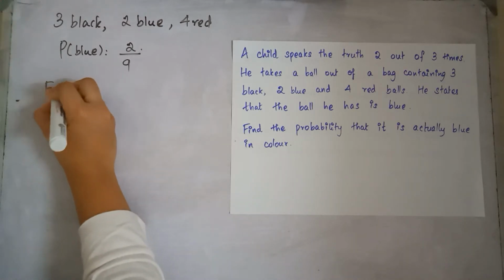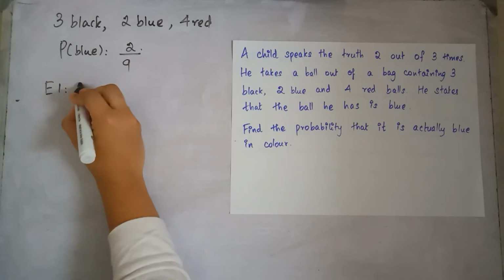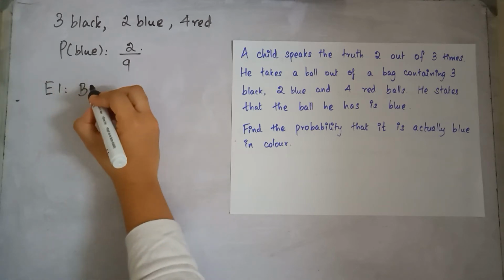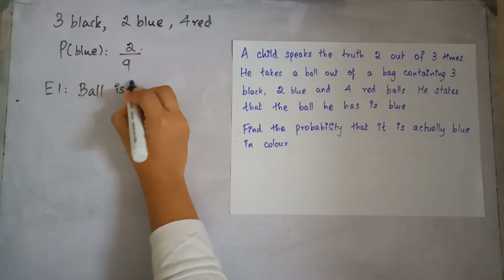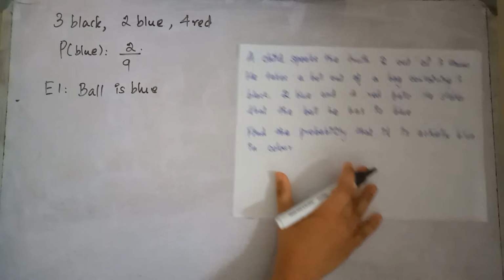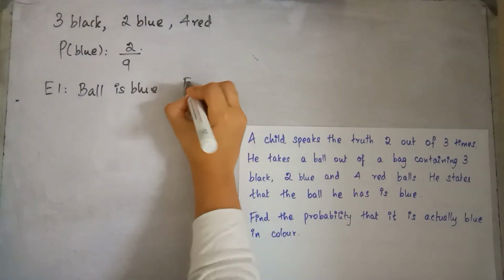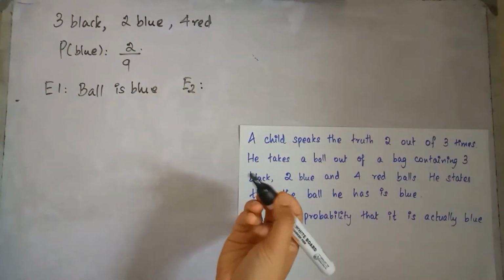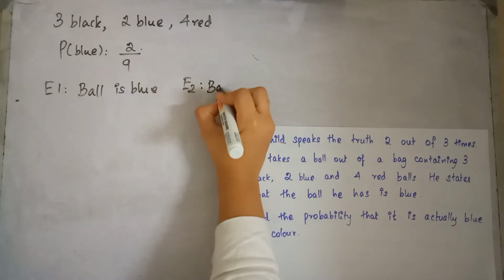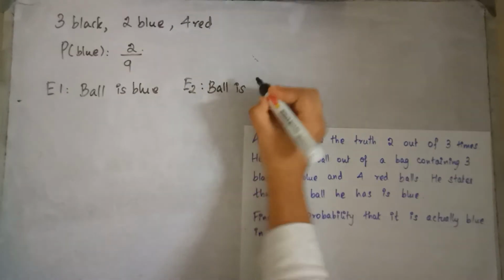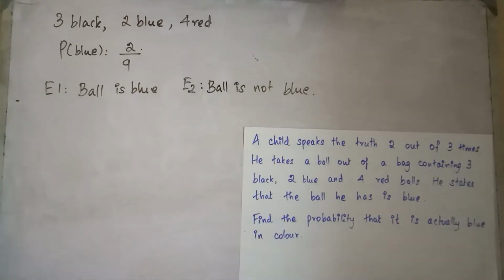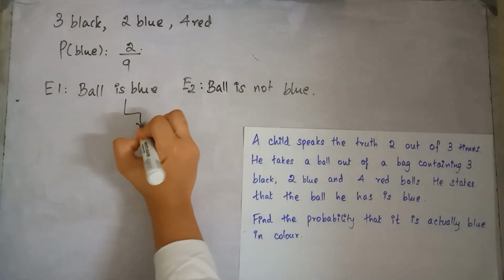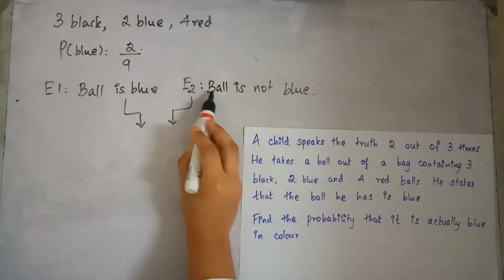We have event 1, where he's taking a ball, and that ball could be blue, or it could be any other color. We can have it as ball is not blue. After these 2 events, these 2 are alternative events.